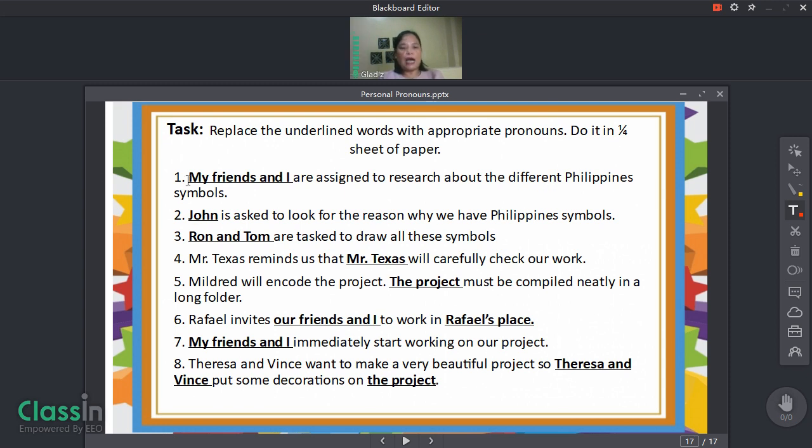Have you seen, class, those underlined words there? Replace them with appropriate pronouns suited to those underlined words. That is 1 to 8. So take time to answer this.